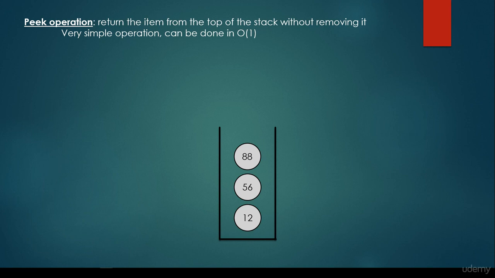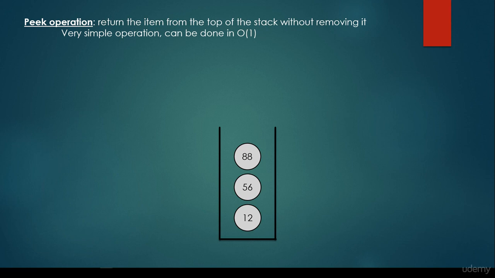So what about the peek operation? It's going to return the item from the top of the stack without removing it. It's again a very simple operation. It can be done in constant time complexity. So what's the difference between the peek and the pop method? The pop method is going to remove the last item from the stack.